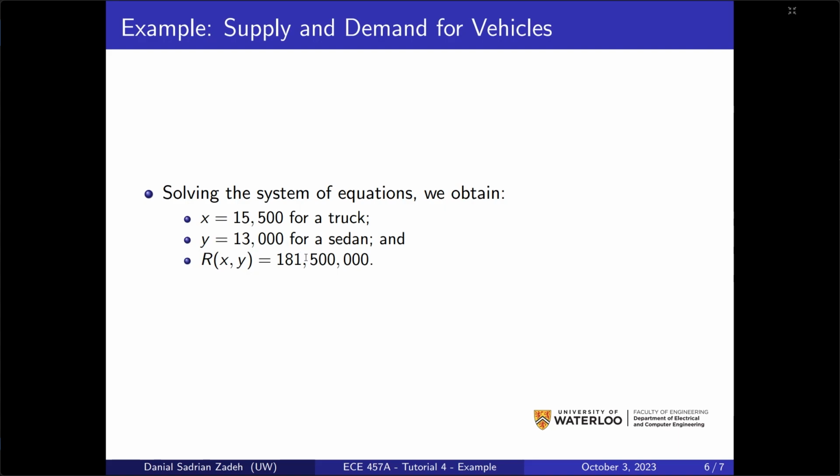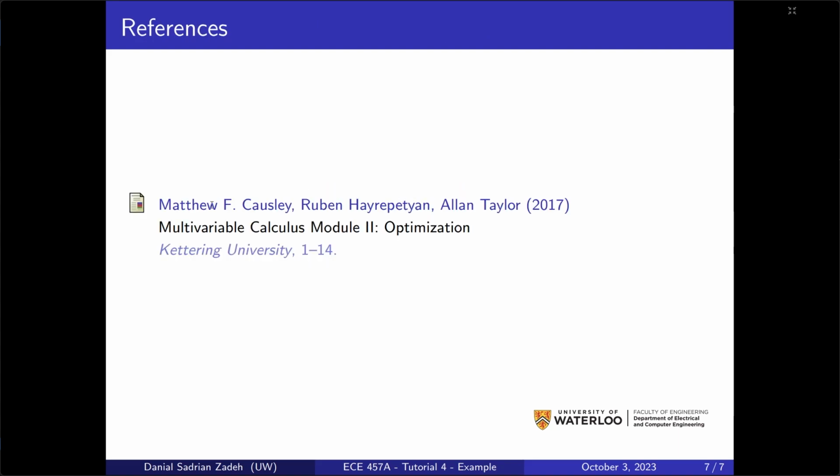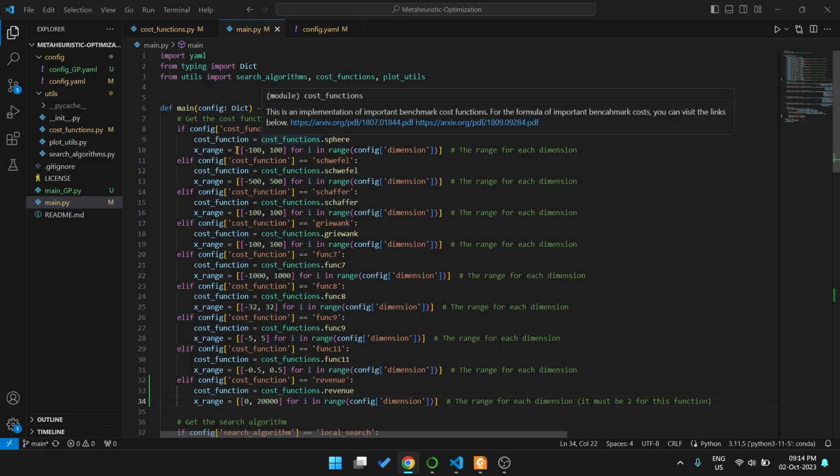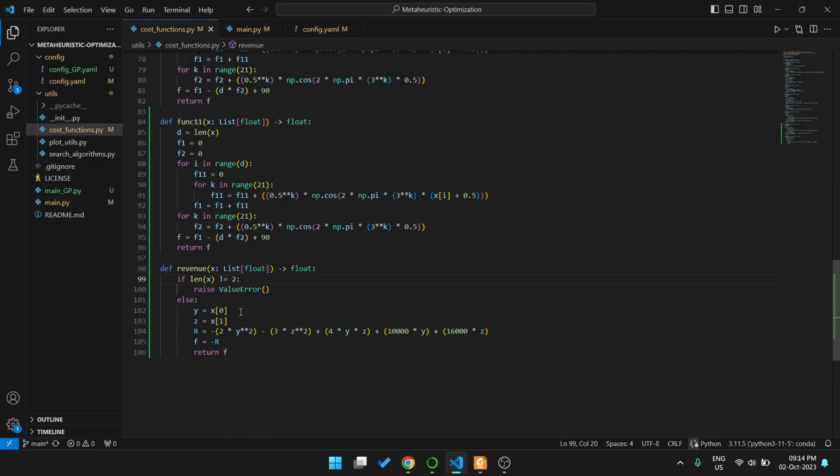Now we want to go through the codes and solve this optimization problem using the previous algorithms that we went through. Also, please note that I took this example from this reference. So I define my revenue function here as a new cost function.